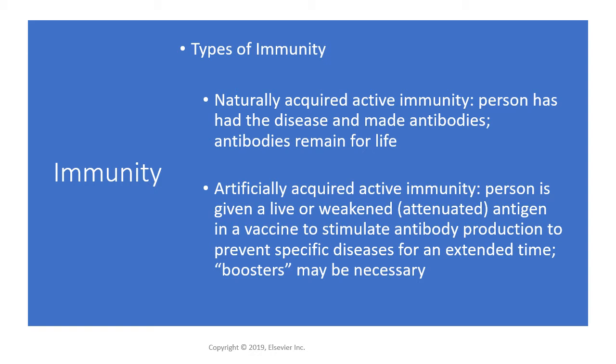Remember, boosters are necessary, so that's why we have flu shots every fall. Every season the strain might be different, so we have to present it to the body in a different way every year. Other vaccinations that might need boosters are measles, mumps, rubella, the chickenpox vaccination, and others.